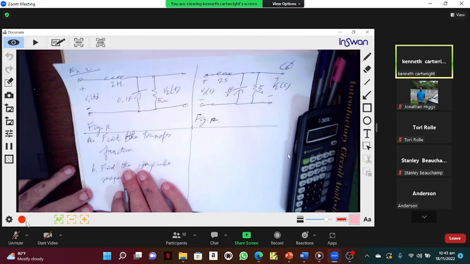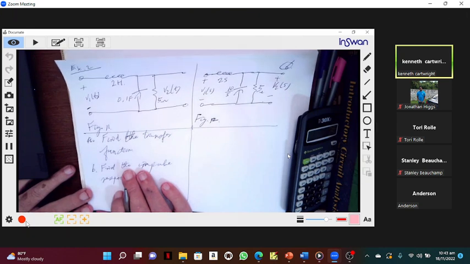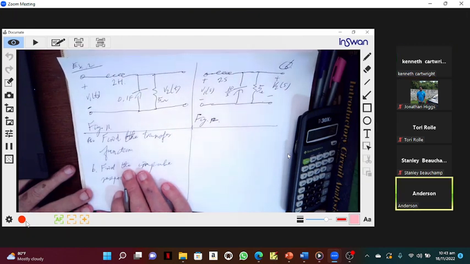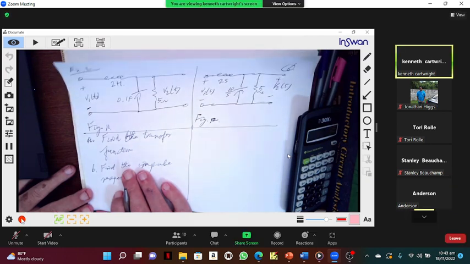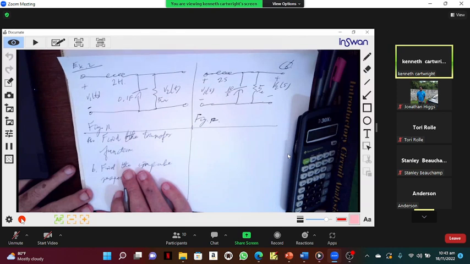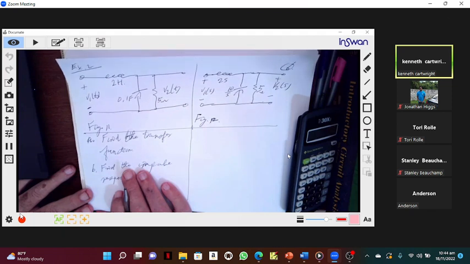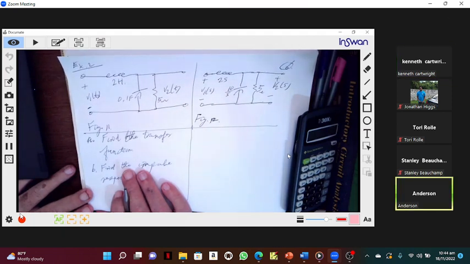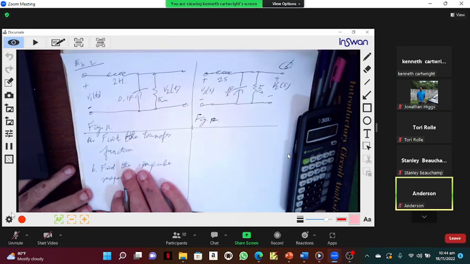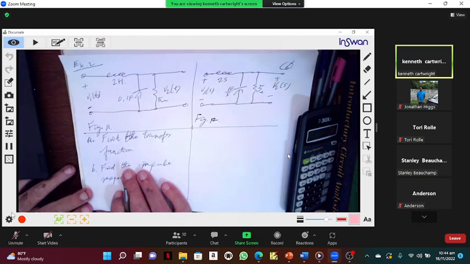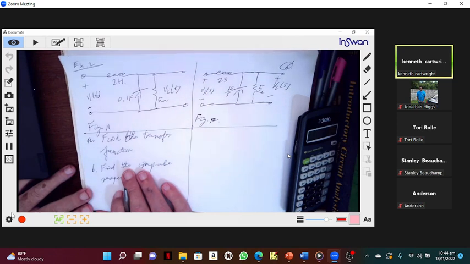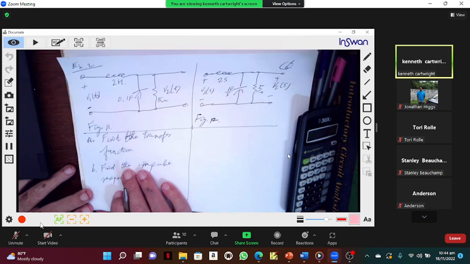What two things do you have in series? There's only one resistor in the circuit. Folks, can we make this a series circuit?